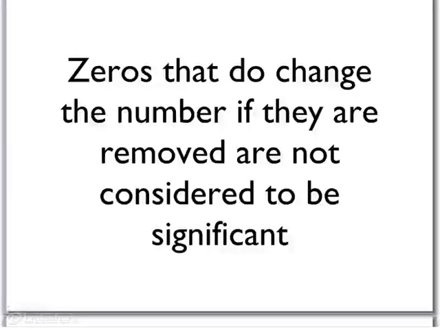For example, in this case we have 9,000. If we were to cross off those zeros, does that change the number? In this case, yes, because now it looks like 9, not 9,000 anymore. So whenever that happens, you don't count those zeros, because they are just placeholder zeros. And so you would consider this one to be one significant figure in that value.